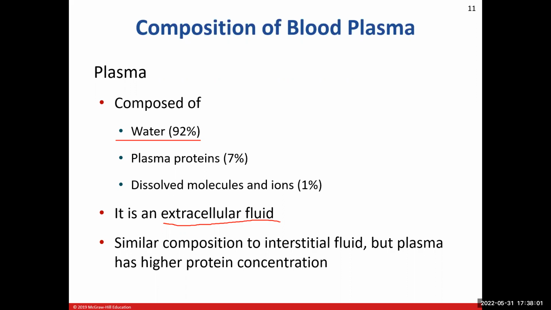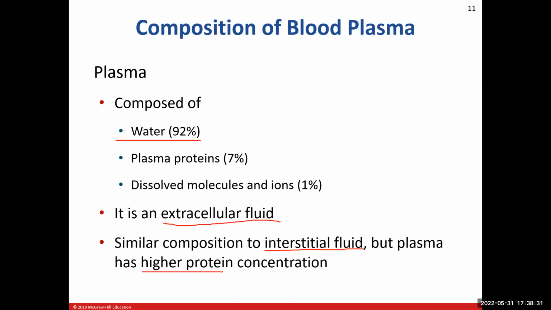All right, so that is why we are going to see that our interstitial fluid, when we compare it to our blood plasma, they're going to look very similar, except our blood plasma is going to have a higher protein concentration. And the reason why is because proteins, in a healthy individual, should stay in the blood.